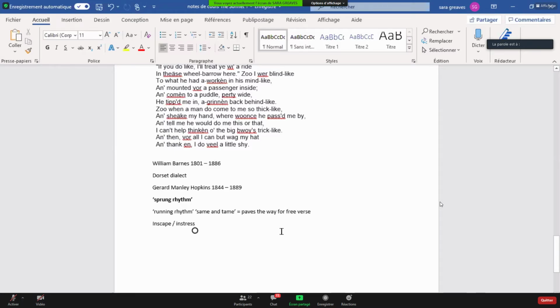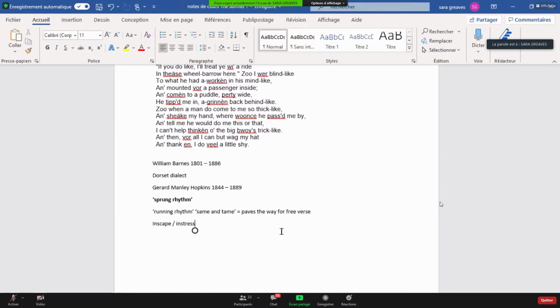So he developed his sprung rhythm, which was, once again, a variable number of syllables. So it could be, if you like, a foot with a variable number of syllables, 2, 3, 4, with the stress always falling on the first syllable. Okay, so he saw it as a way to escape the constraints of running rhythm.